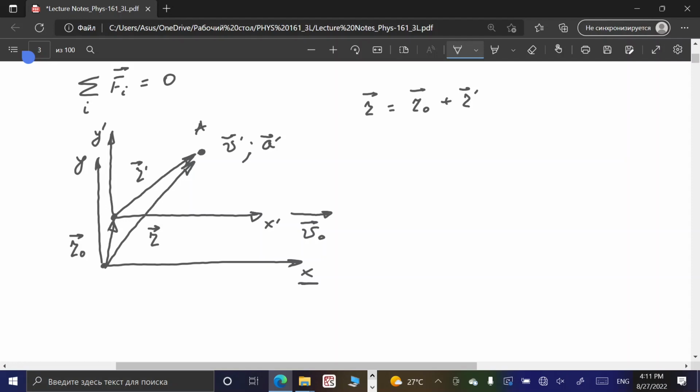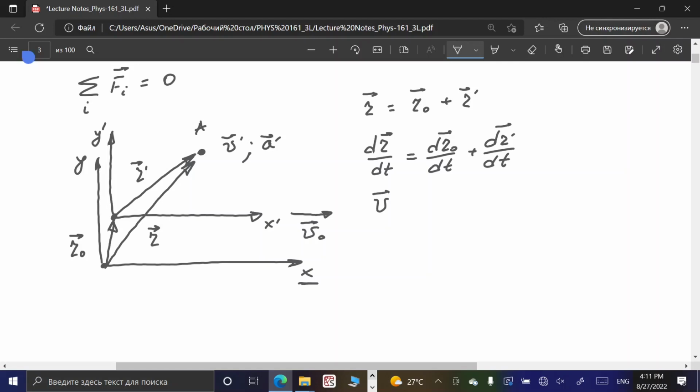So now we know the definition of velocity, and that is first derivative of position vector over time. So let us take this first derivative. It will be dr vector over dt equal to dr naught vector over dt plus dr prime vector over dt. So instead of this, we can already use velocity vectors.